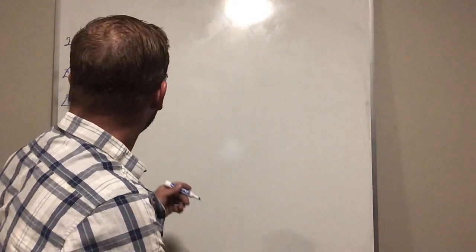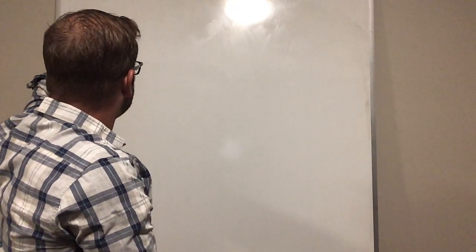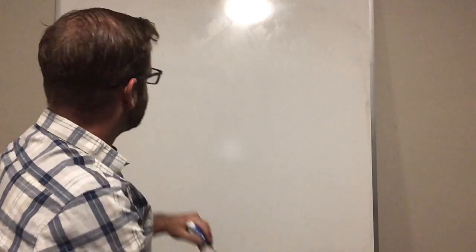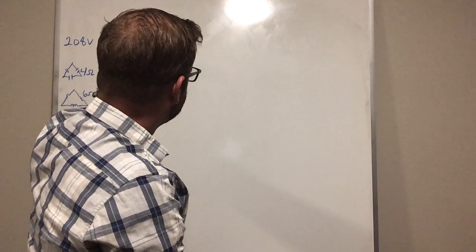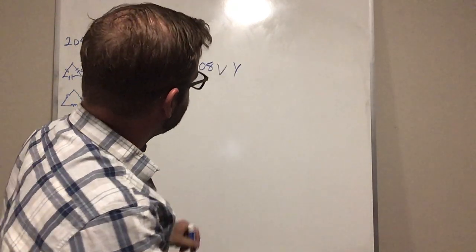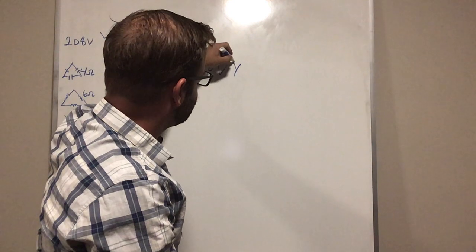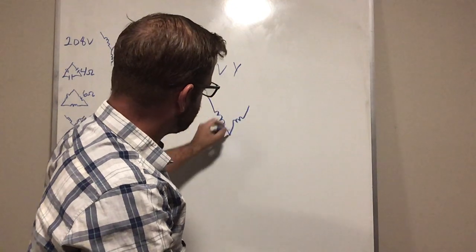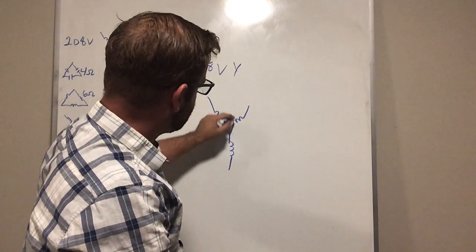So we know that our supply was in Y. If we have 208 volts in Y, that is our line voltage, so as we come out into the line, if I draw that out, we have a line voltage.